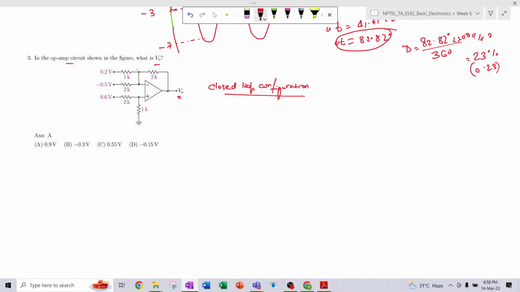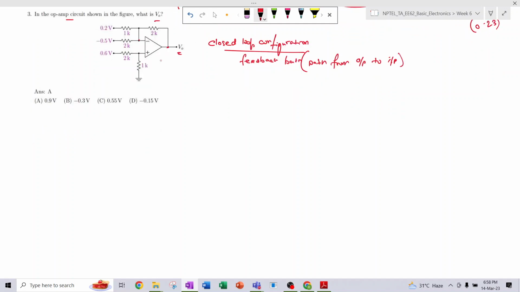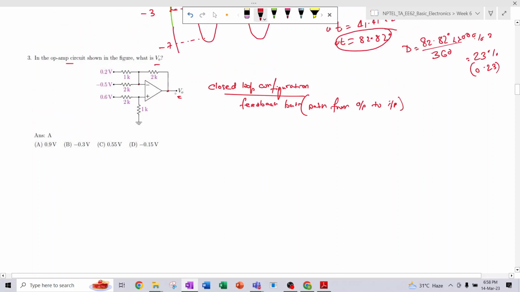This resistance is connected, right? So there is some feedback path, that means a path from output to input. So this is a closed loop configuration. In the op-amp circuit shown in the figure, it is asked what is the value of VO.